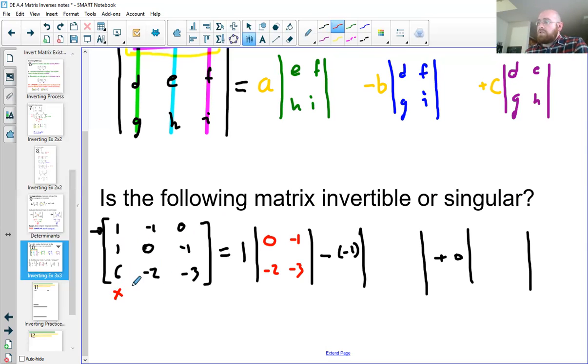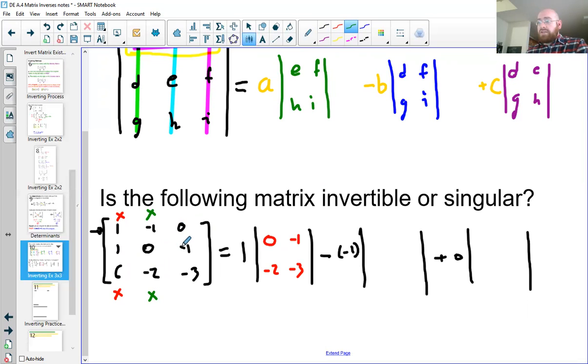What I'm going to do is put an X over the row and the column that were crossed out to form each smaller matrix. Our second one, we're crossing out the middle row, and of course the top row is already accounted for.